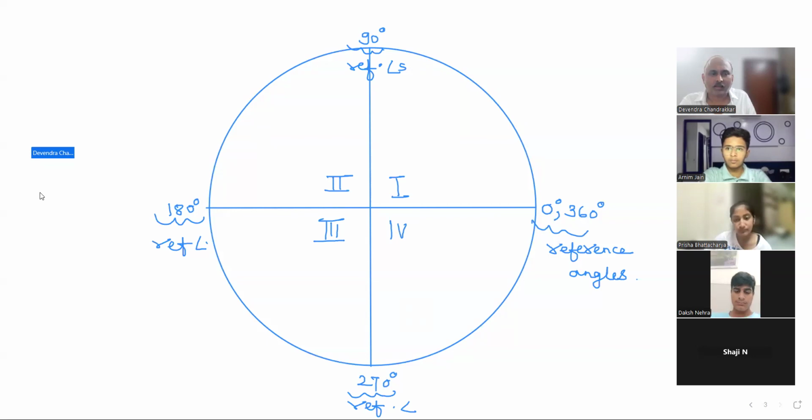Now, every quadrant has its own set of standard angles. We are just giving them a name, because we will be using those angles very frequently, and the entire start of trigonometry is based on those angles. So these are the standard angles of the first quadrant which I am trying to draw here.